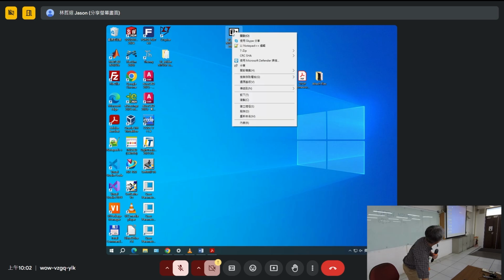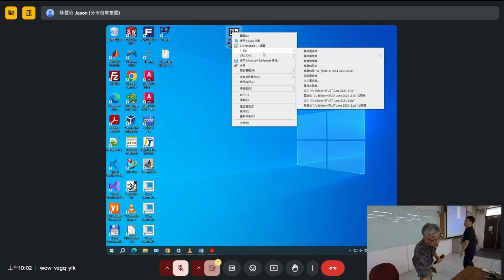Move the cursor here, right click, then there is 7-zip, and 7-zip and come down here. So right click, this menu comes up. 1, 2, 3, 4, 7-zip. It will come up. Then 1, 2, 3, 4, 5. Then it is, I think, the extract option, right? Unzip this to this folder. Good?